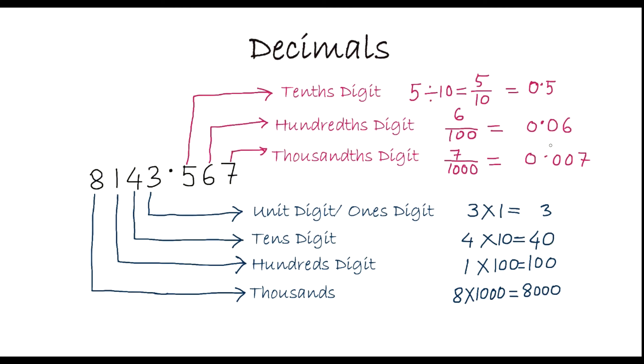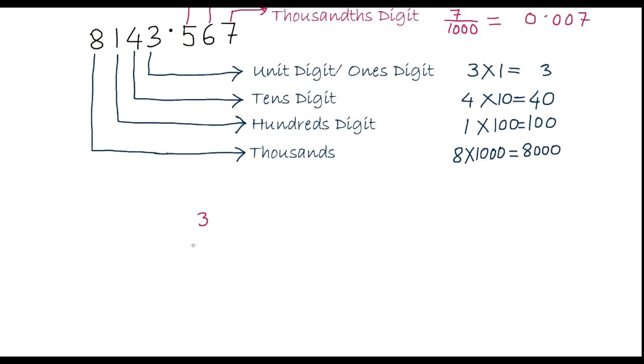If you add all these numbers, you will get the value you have here: 3, 40, 100, 8000, 0.5, 0.06, 0.007. Now just add all of them.